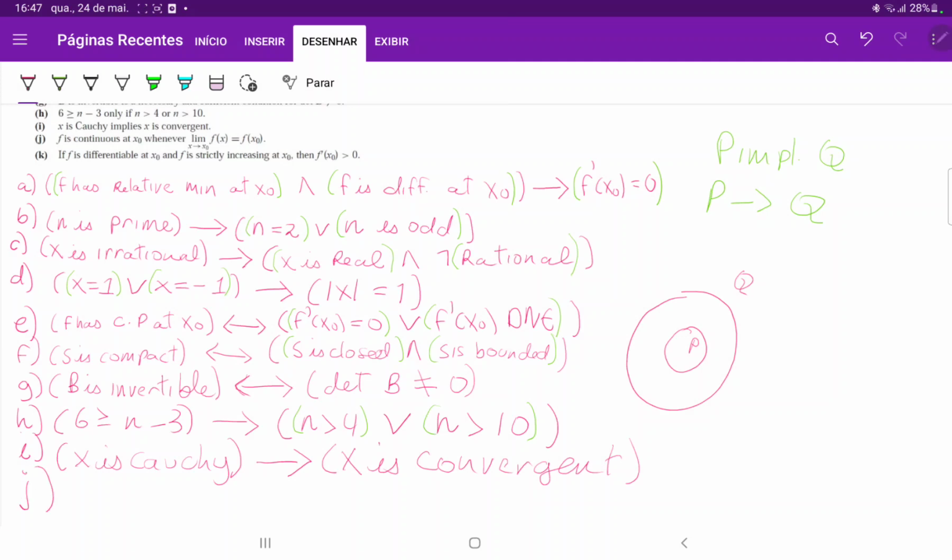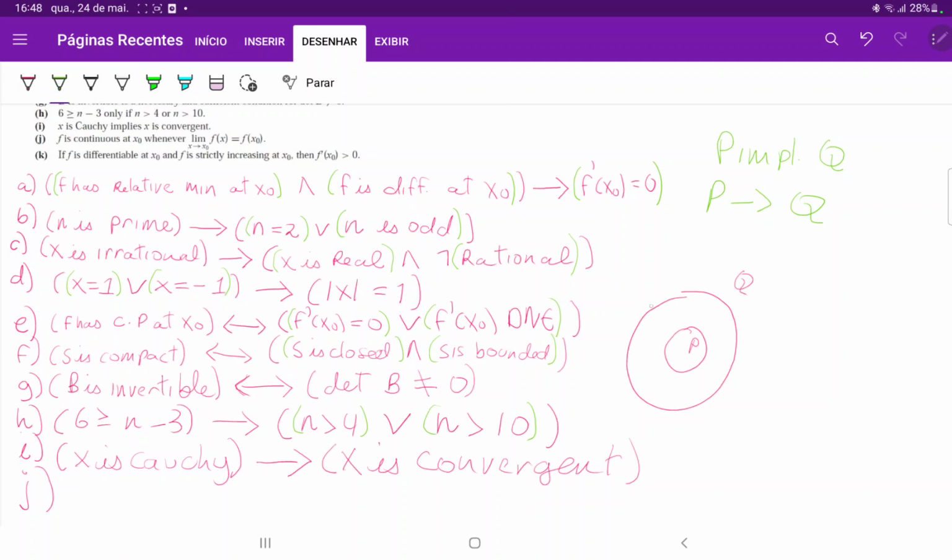For J, we're saying f is continuous at x naught whenever the limit of f of x as x approaches x naught is f of x naught. So once more, P implies Q means that Q whenever P, right? These are equivalent statements.